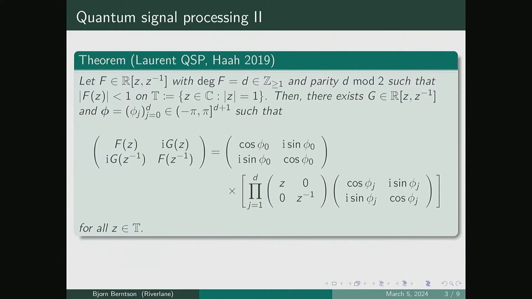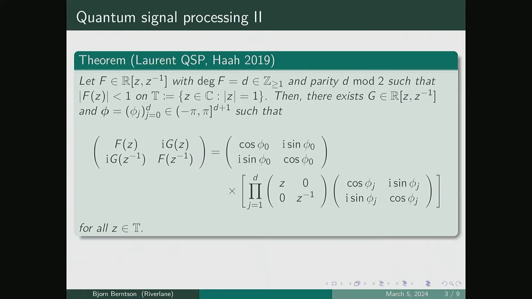So the most pertinent formulation of QSP, the one we'll use, is due to Haah, and it goes as follows. We're given some Laurent polynomial f with real coefficients, some fixed degree, and a definite parity determined by that degree. We also assume that f is bounded in absolute value on T, which is the unit circle in the complex plane.